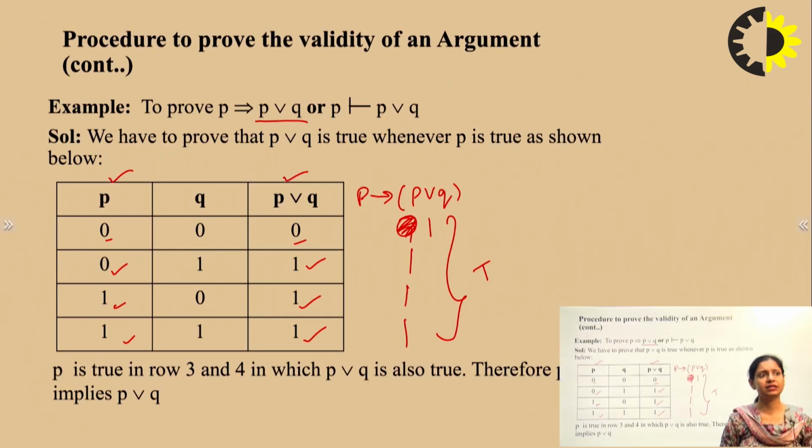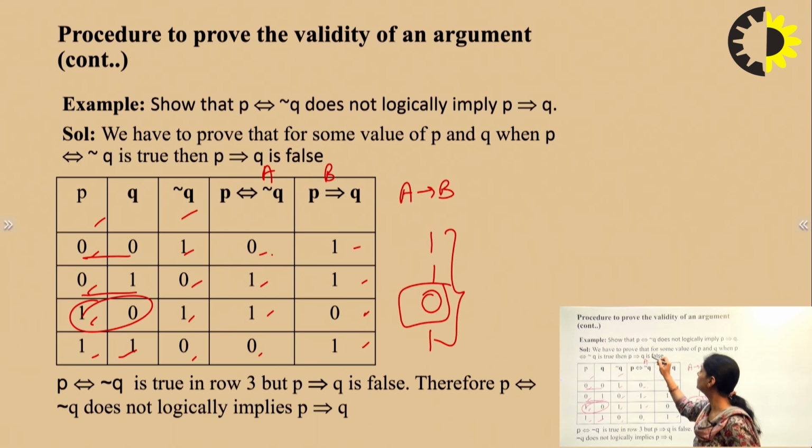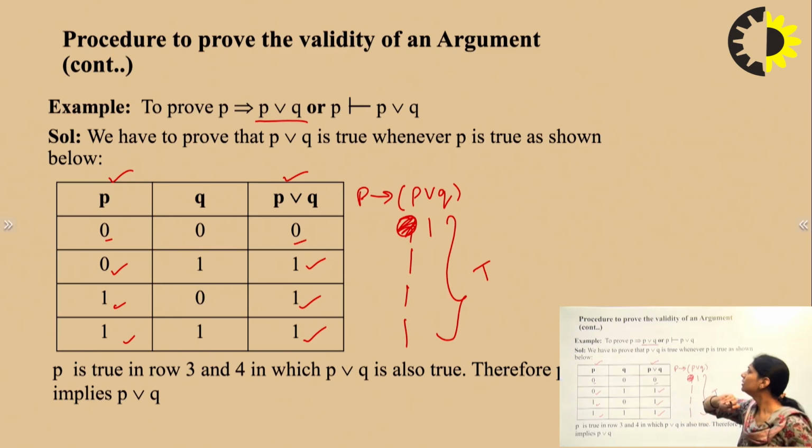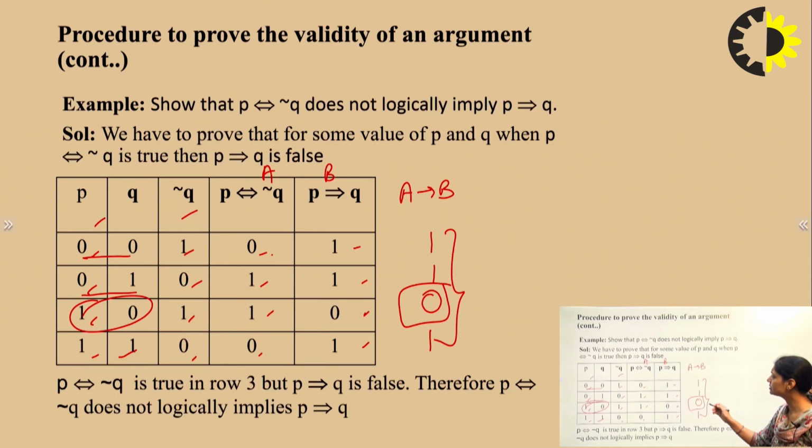Like in the first case, we had only one proposition, P or Q, and with this P or Q we calculated P implies P or Q. If this whole thing was a tautology, we called it a valid argument. If it is not a tautology, like here where we had one value as 0, then it does not logically imply that the proposition and the result are valid.